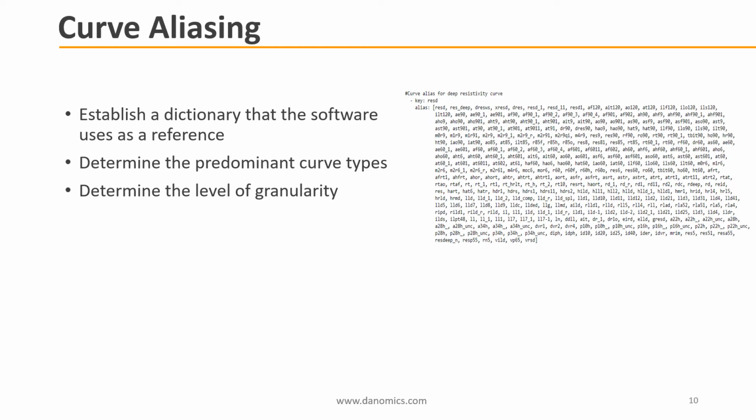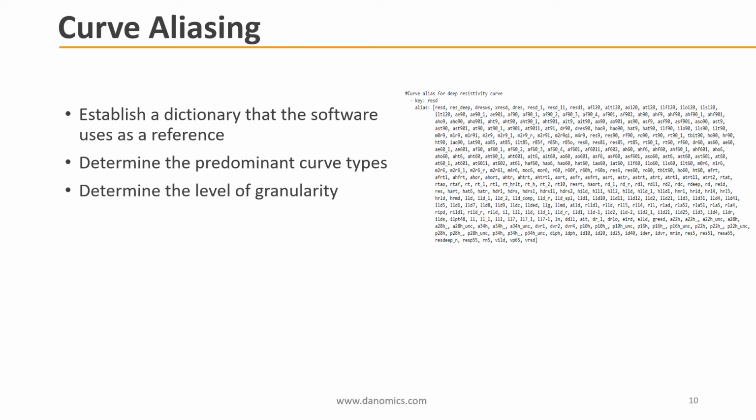So, for example, with something like resistivity, there are obviously multiple depths of investigation. So you have a deep, medium, shallow, and the micro resistivity tools. So at least 4 different types there. But then you may decide you need to be more granular. You may need to separate out your induction tools from your lateral log tools, for example.